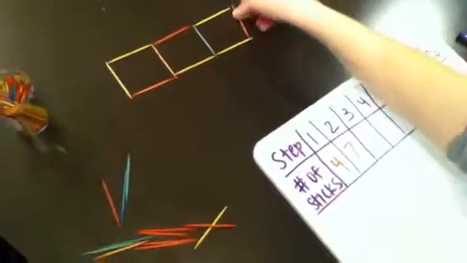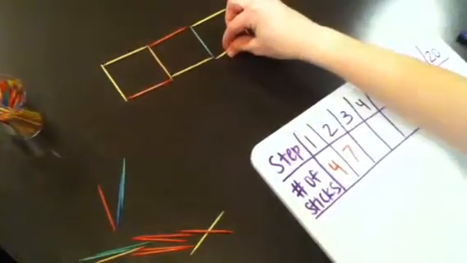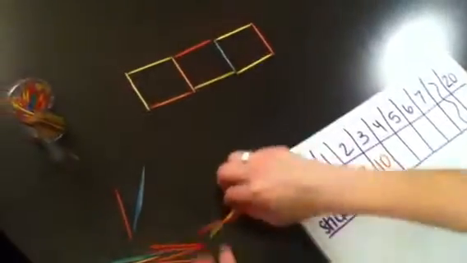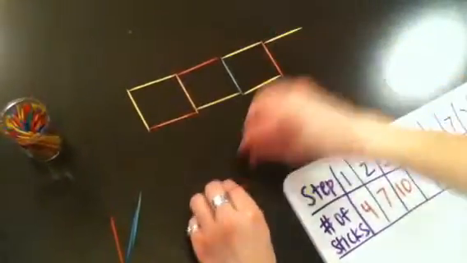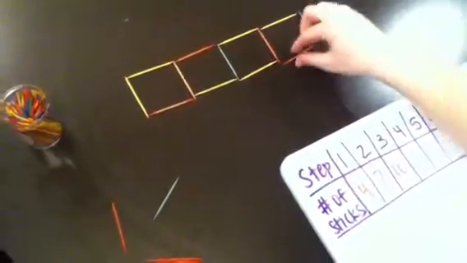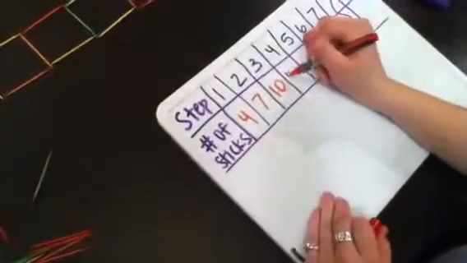Again, we added 3 sticks to build a third window. So 7 plus 3 is 10. Now on to make a fourth window. 1, 2, 3. 10 plus 3 is 13.